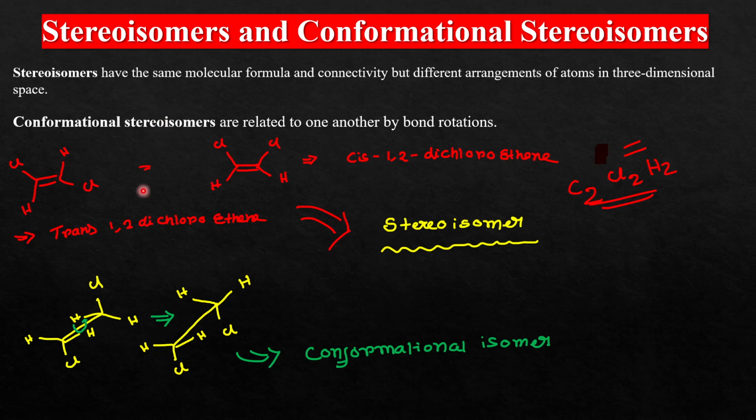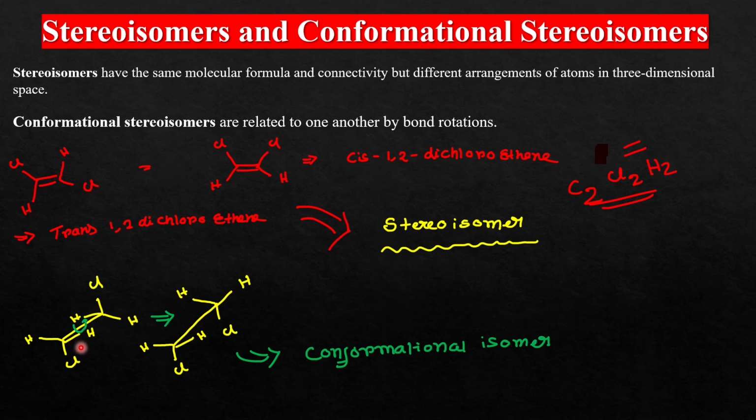There is a huge energy barrier between them, because to convert the trans form into the cis form, the C=C double bond has to be broken. So without C=C double bond cleavage, the trans isomer cannot be converted into the cis isomer.